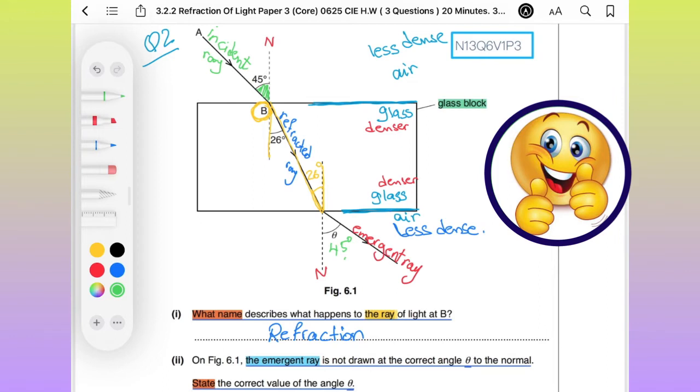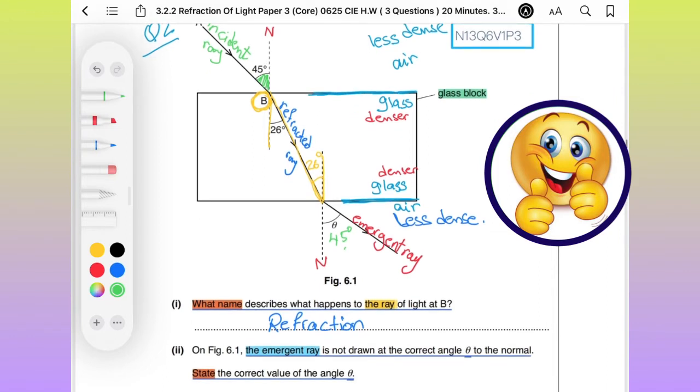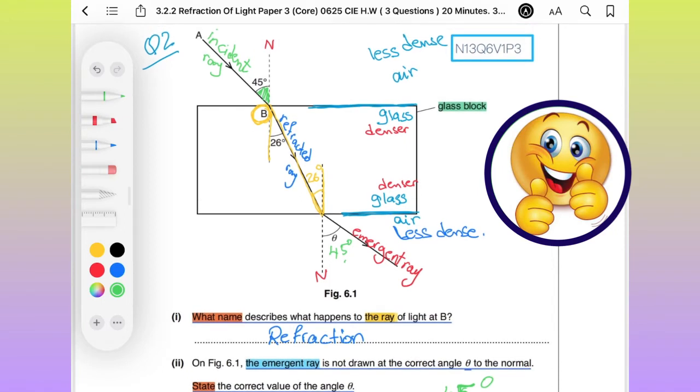So angle theta here should be equal to 45 degrees. Okay, so this question is very important to know more about how the light ray is refracted in rectangular glass block and how many rays do we have.